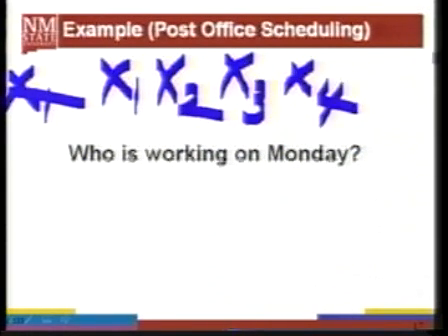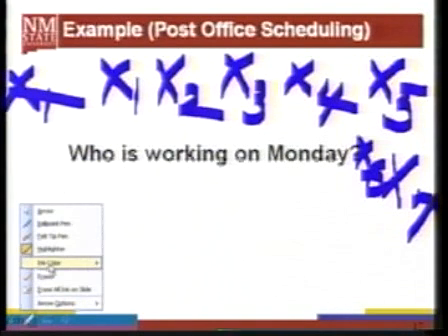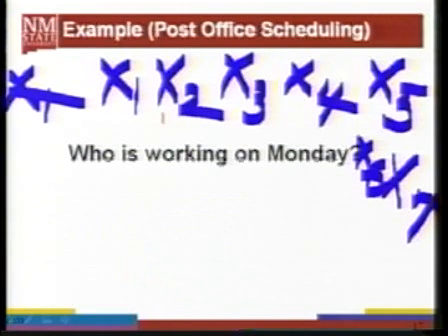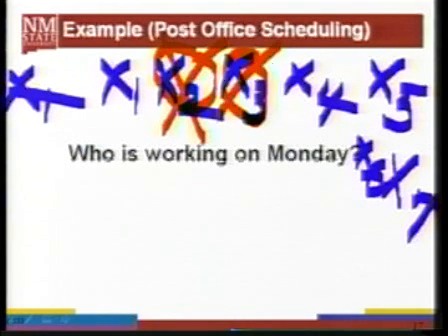Is that right? And x5? Yes. What about x6? Yes, right? And x7 is also included. So everyone except for x2 and x3, right? Those two decision variables are not included, right? Is that correct?